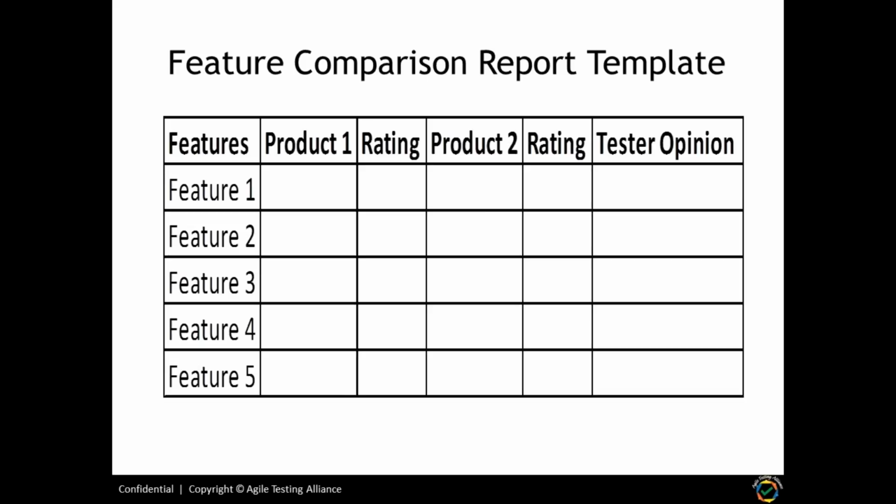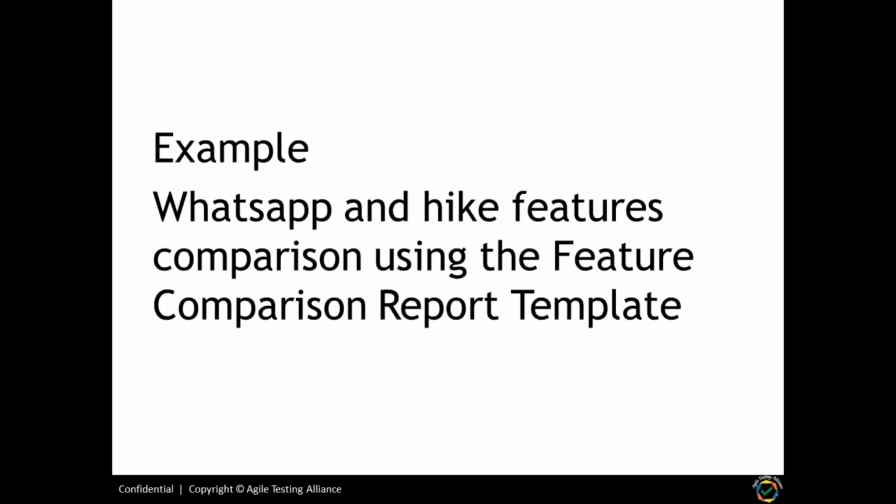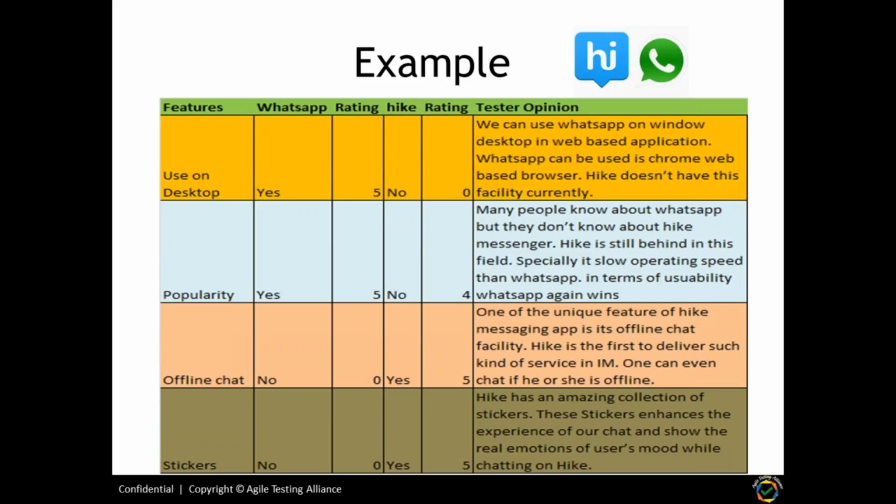We list down the features, we put the product, we put a rating according to the tester. You might be the tester, you might want to give the rating, right? So we will talk about the example of WhatsApp and Hike. We use the same feature comparison template and compare WhatsApp and Hike, right?